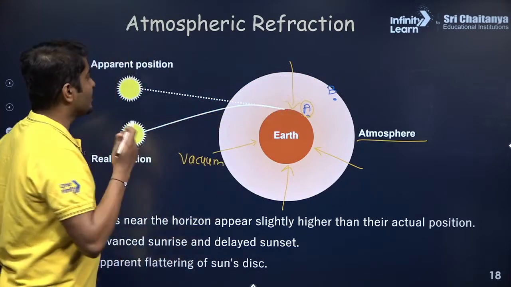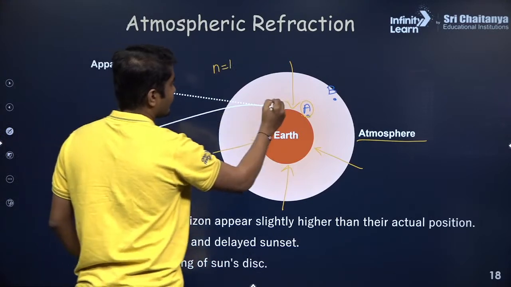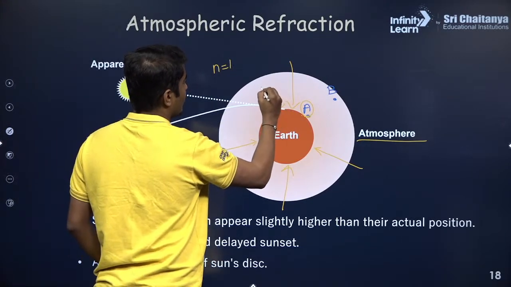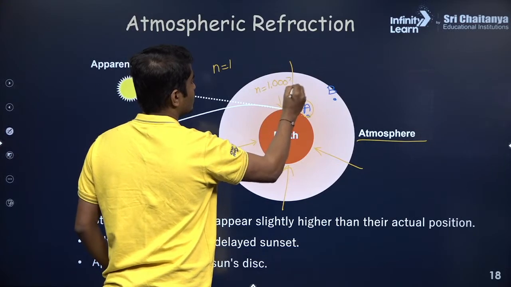The refractive index of vacuum is 1 and the refractive index closer to the earth's atmosphere is 1.0003.